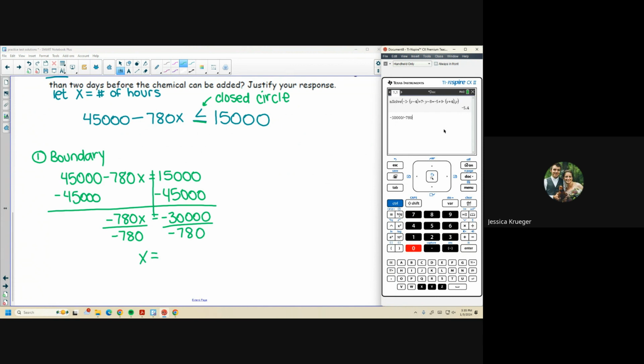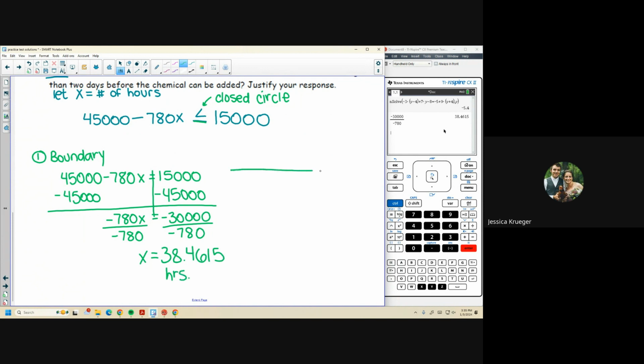I have a sneaking suspicion this is not going to be a whole number. So I'm going to hit Control, Enter. And that gives me 38, whoops, 0.4615 hours.